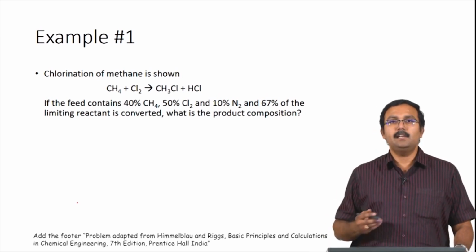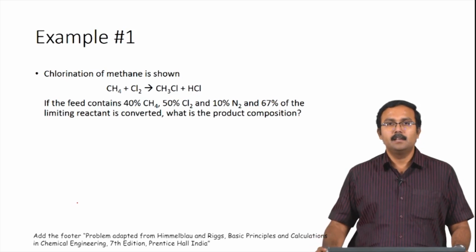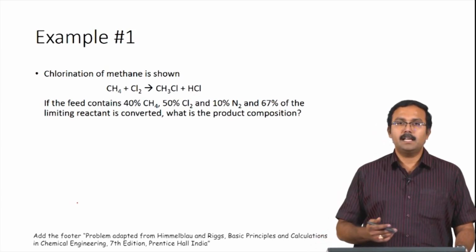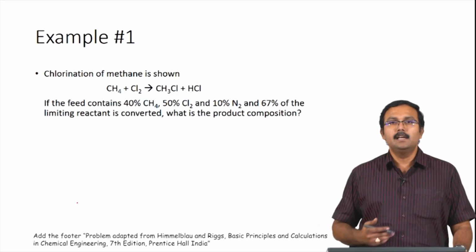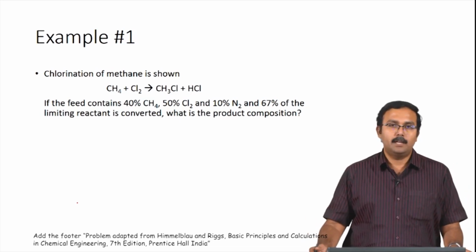The first thing you see in the problem is that no mass or mole flow rates have been given for the system, which means we would have to assume a basis. As the composition has been given in terms of percentages, we can use 100 moles as the basis. Why do we choose 100 moles?